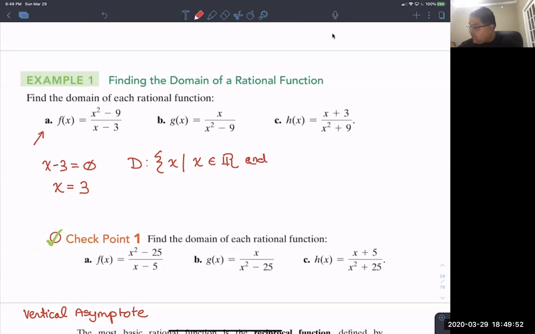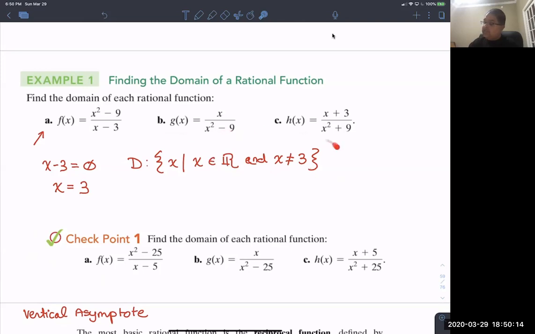So remember, this is how we write it using set notation. Okay. So just to go over it, this stands for, x such that x is in R, so is any real number, and x does not equal 3.